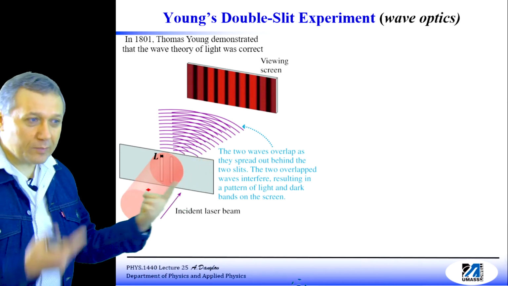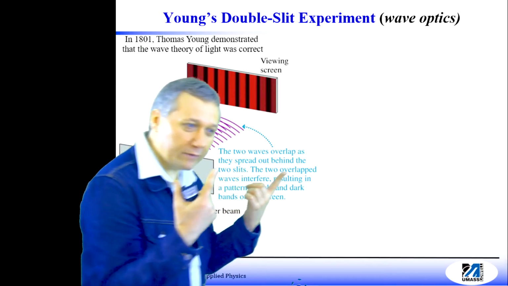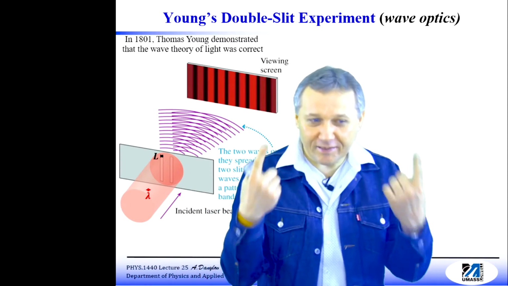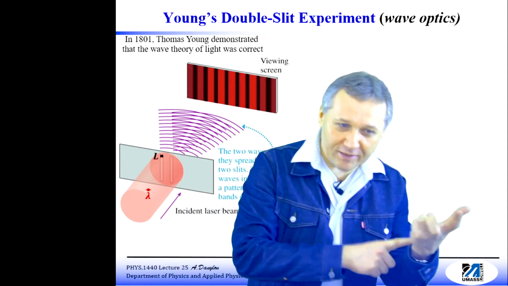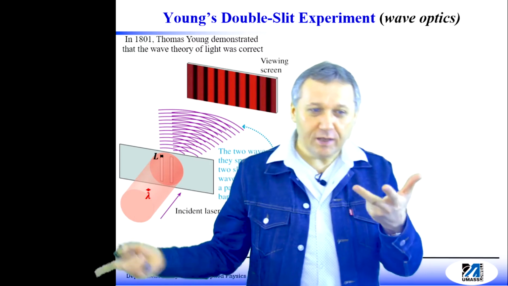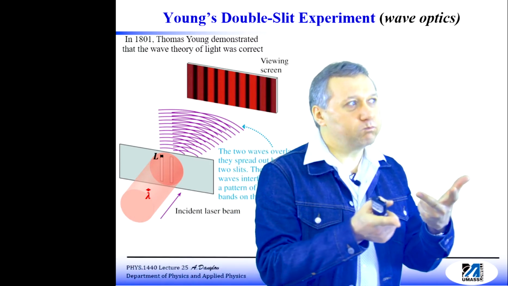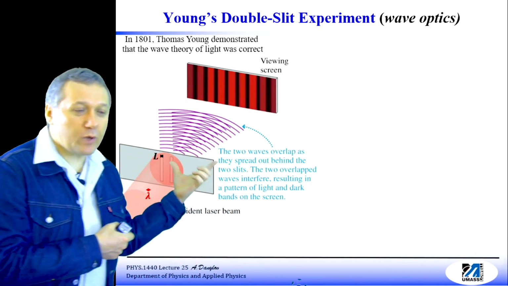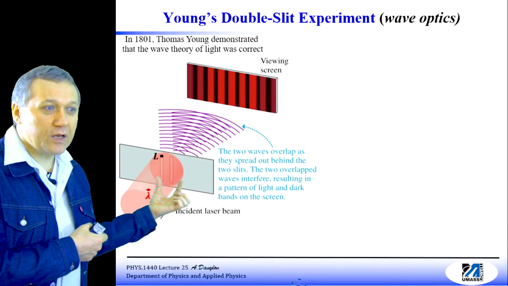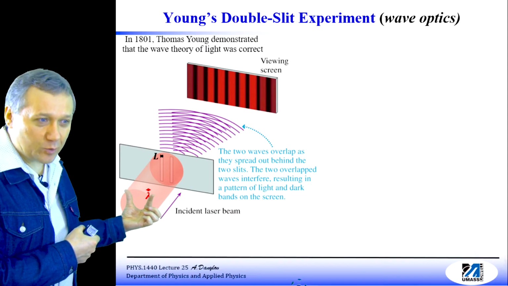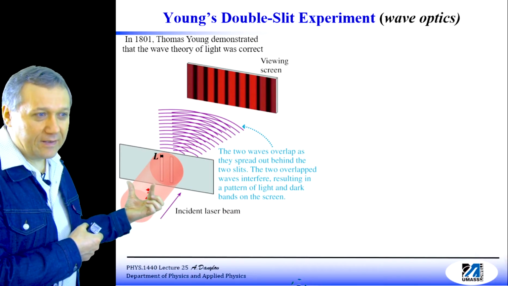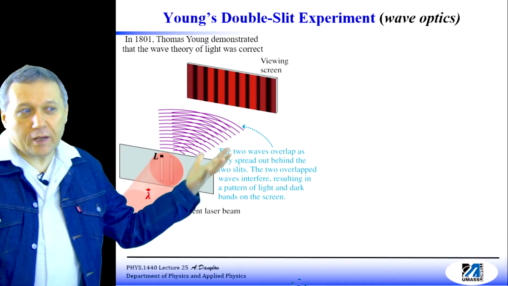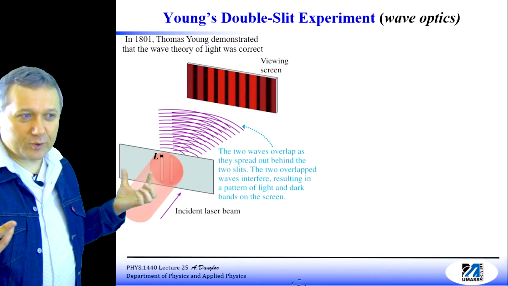Why? You remember, in order to observe interference, what do we have to have? Two identical waves. They should have the same amplitude, the same frequency, and the same wavelength, right? And we do have this in this situation, because basically we took the same laser source, laser light, and artificially created out of that light two lights with two openings, with two slits, right?